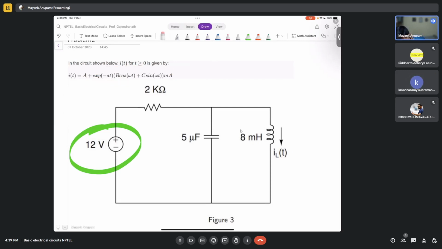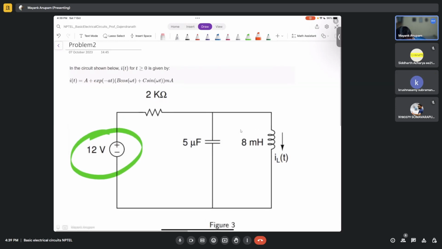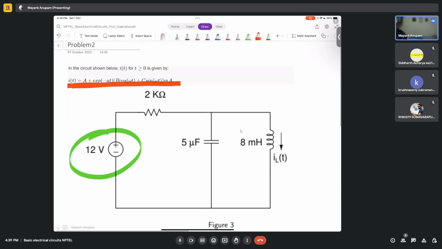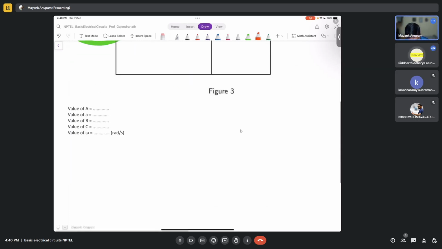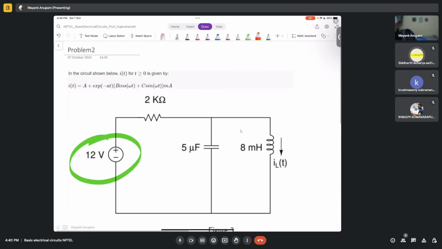Also tell me something. In the steady state, from this equation here, what is the steady state value of i(t)? 6 amperes.